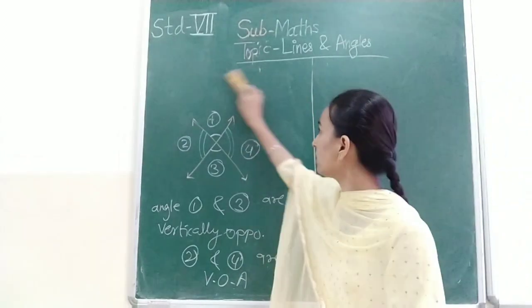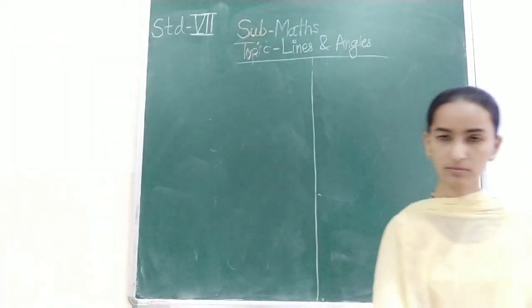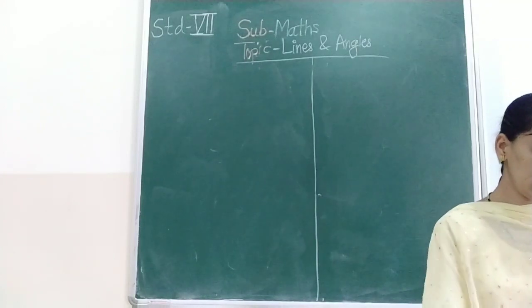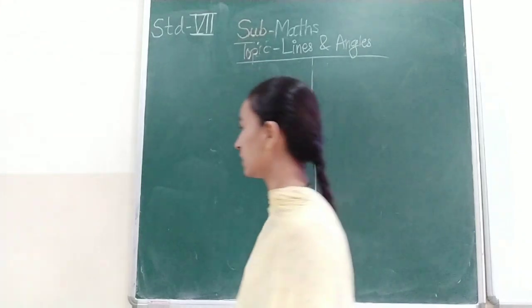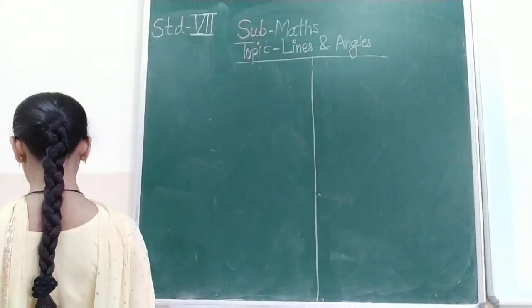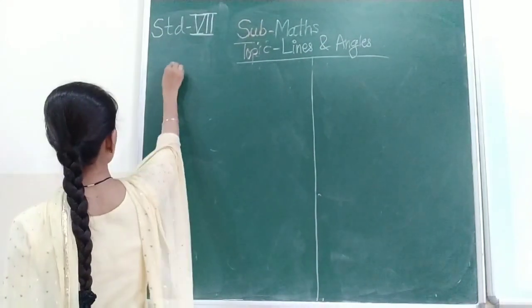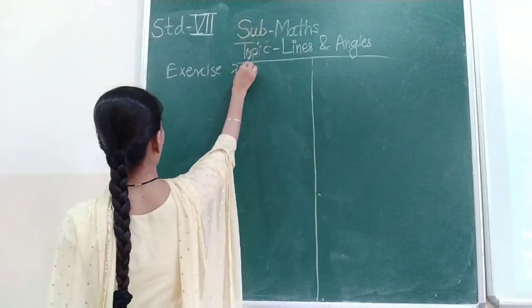In that, the first question is, in the given figure, vertically opposite angles are equal. They form an equal measure. Now this is your exercise 7.1.